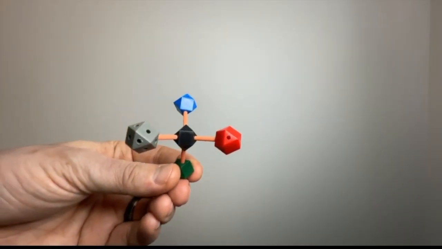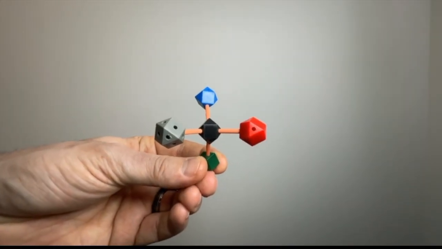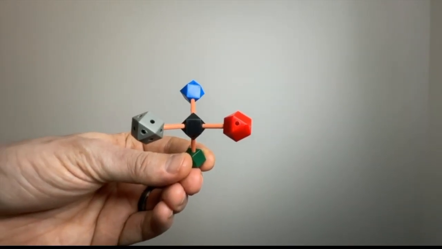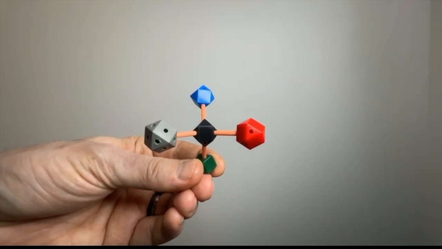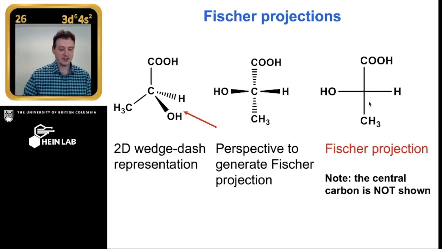But we give it that plus-like sign. You can see there, we're abstracting this in the Fischer projection, left and right, up and down. We give this flat presentation, but the convention we're denoting here is that this is a central carbon, these are towards you, and these are away from you. This is a simplified version at this point.